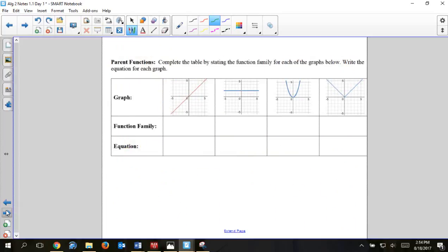Next. Here we have 4 graphs. Can you quickly take a moment on your own and write the name of the function family? What family do each of those graphs belong to? If you've forgotten, it's on the previous page.